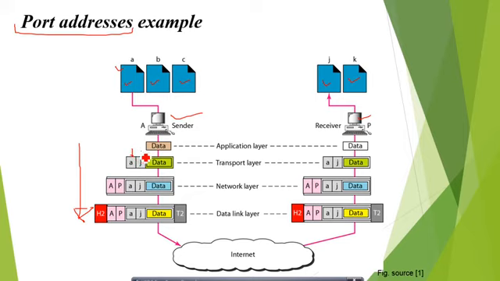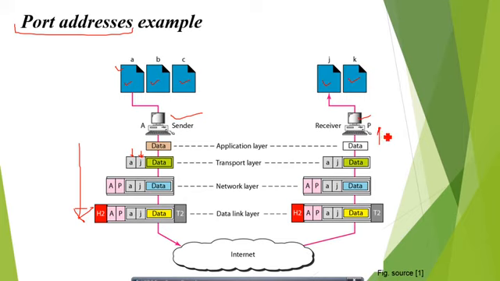This is the entire process of how they will communicate with each other using the port number. From the application layer data comes and then it reaches the transport layer. Here the transport layer will attach its own header. In the header information, it will contain the source port number as well as the destination port number.